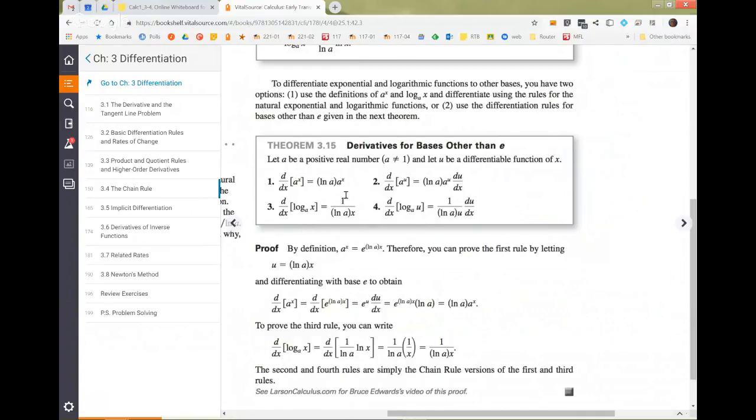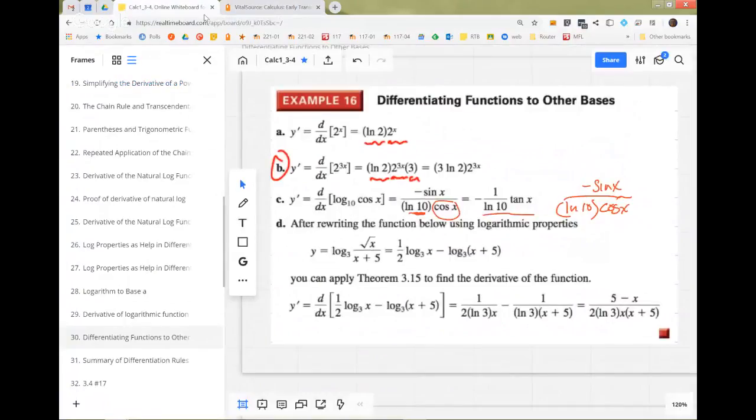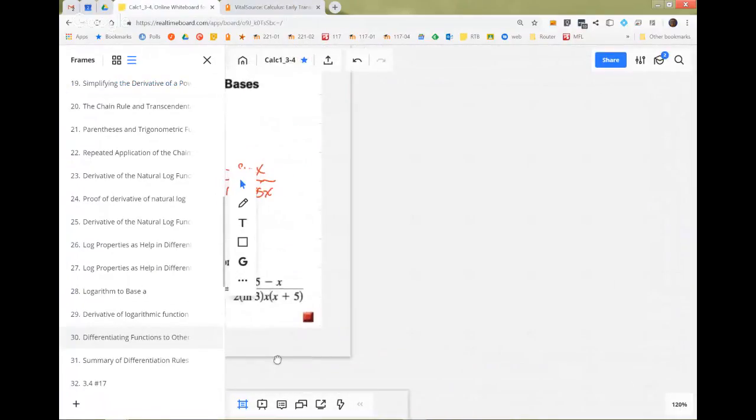Let me just write a little bit here. If f of x equals the log base a of x, the derivative of that is 1 over x, but in the denominator we also have the natural log of a.